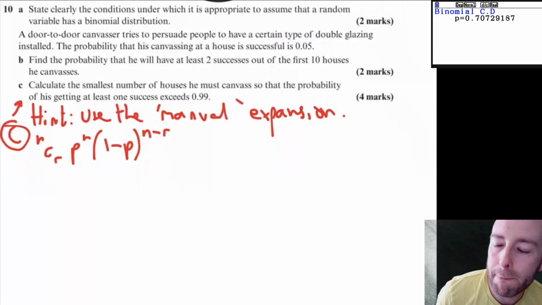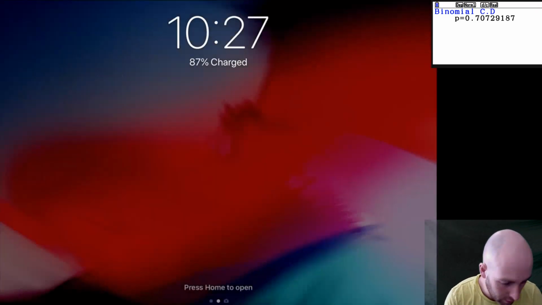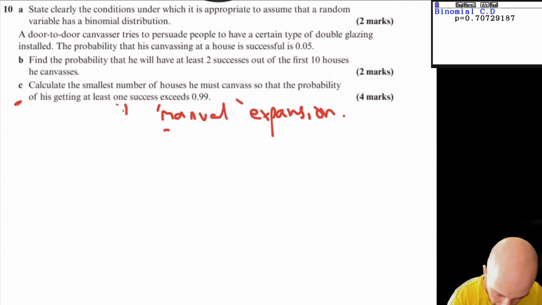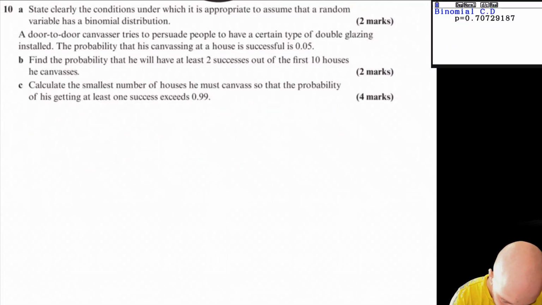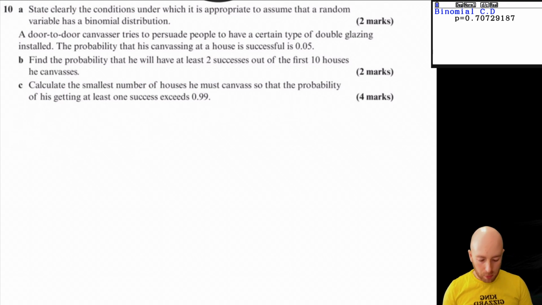Cool. Right. Okay. No one's answered anything, but we've got to get through this, or we're going to run out of time. State the conditions under which it is appropriate to assume a random variable has a binomial distribution.